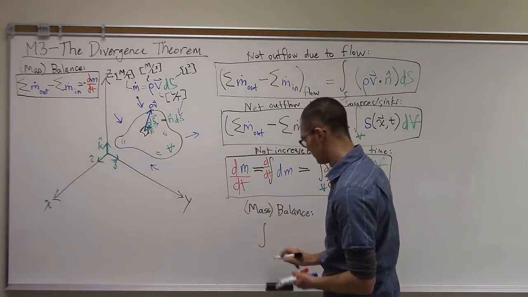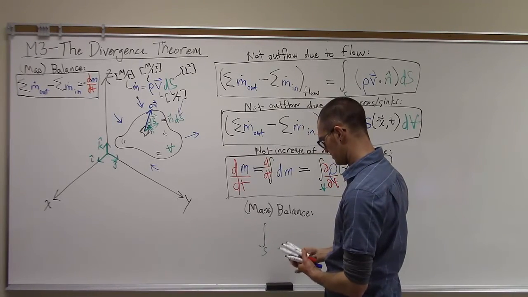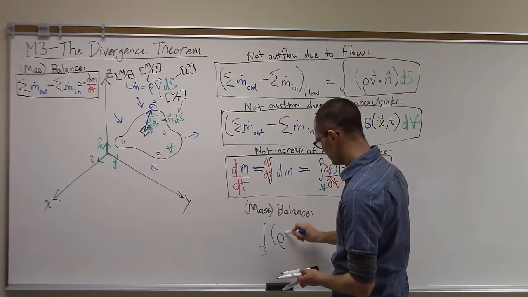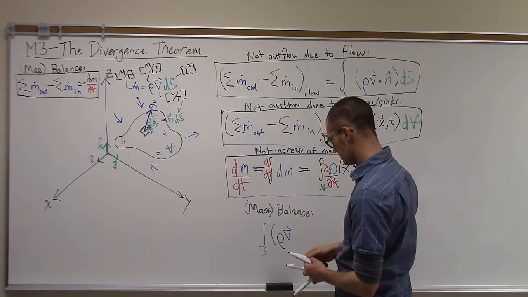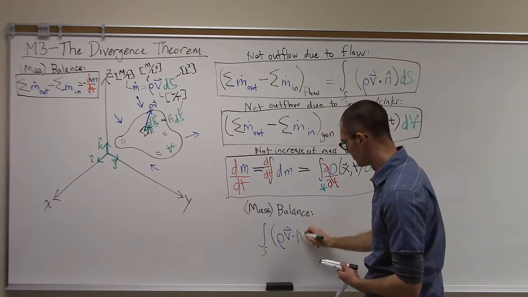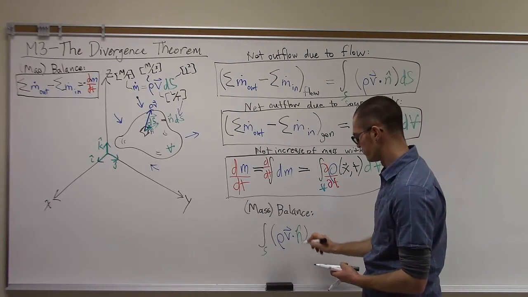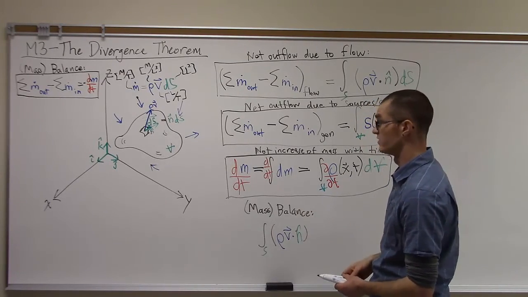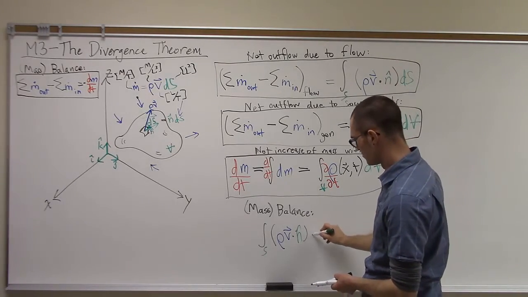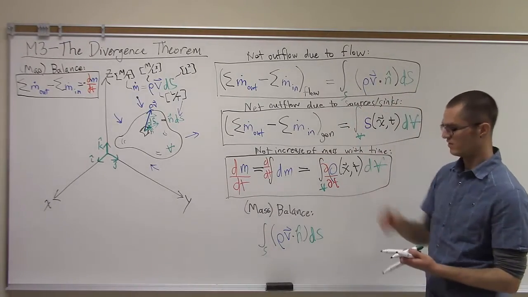We've got this integral over the surface of rho v dotted with the outward pointing normal to get the component that's actually flowing out. So parts of the flow that are moving parallel to the surface do not leave the volume, they stay inside the volume. So we're only interested in those components that are actually flowing out. So that's one part of the story of the left-hand side.